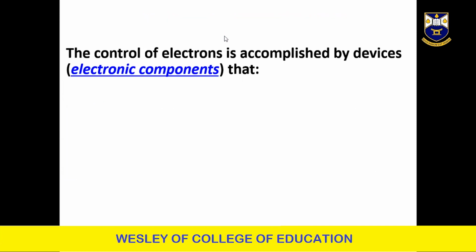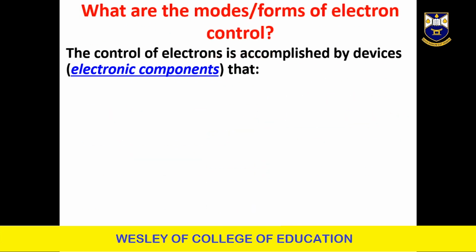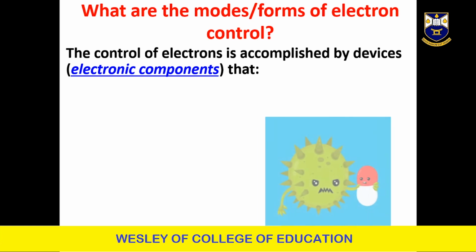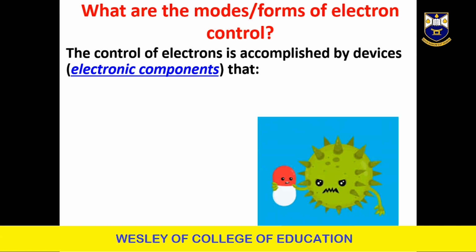Now, the control of electrons is actually accomplished by devices or electronic components in the form that they may resist the flow of the electrons. So we are looking at the modes or forms of electron control in these devices.